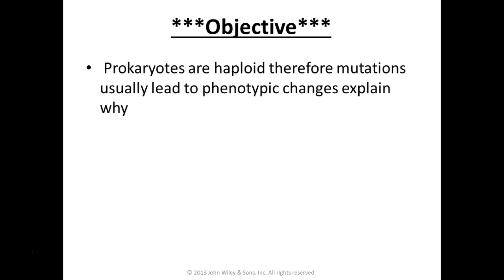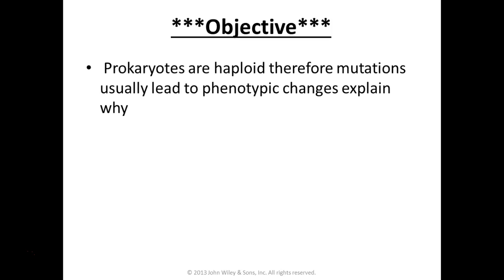So phenotype is the physical expression of a gene. So if they don't have the information on how to make a capsule in their DNA, or they don't have the correct information, they're not going to make a capsule, right? Their phenotype is going to be different from others who can make that capsule. So whenever change happens for them at the DNA level, you usually see it at the phenotypic level, at that expression level.